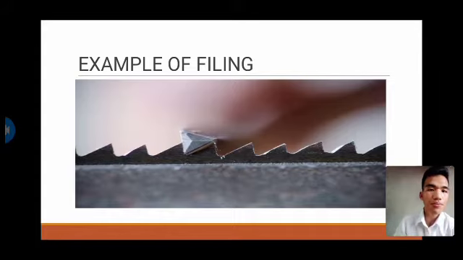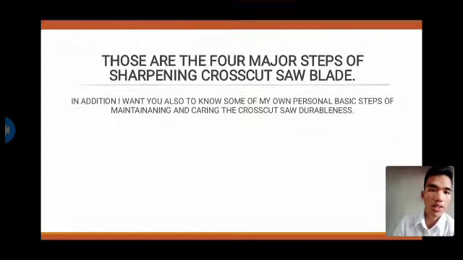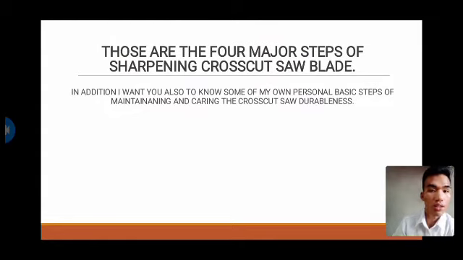Okay? Now, our next topic is, I will give you the basic steps. Okay? Those mentioned steps are major steps of sharpening a crosscut saw blade. Okay, in addition, I want you also to know some of my own personal basic steps of maintaining and caring for the crosscut saw's durableness.